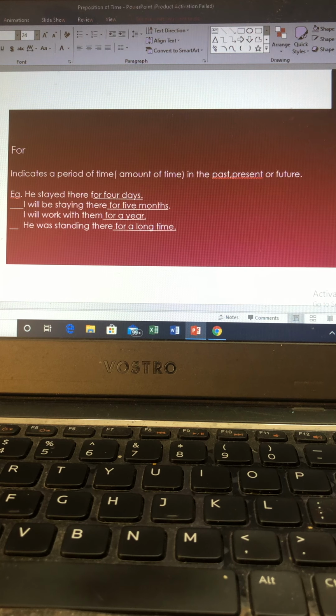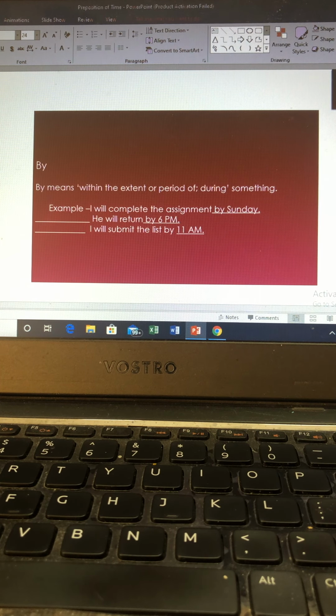He stayed there for 4 days, or in future, suppose I ask you how many days you plan to stay in your grandparents' house. Ma'am, I think we'll stay there for 4 days, right? But if I am asking you what time will you come back from your grandparents' place, then you have to give me a specific time till the extent.